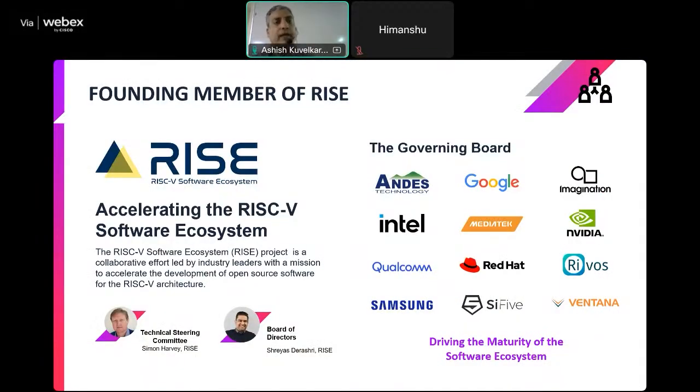We are also a founding member of RISE, the RISC-V Software Ecosystem. As you can see, it's not just us. There are a lot of big names who contribute towards the RISC-V software ecosystem as well.